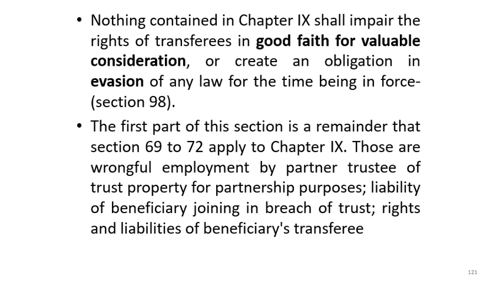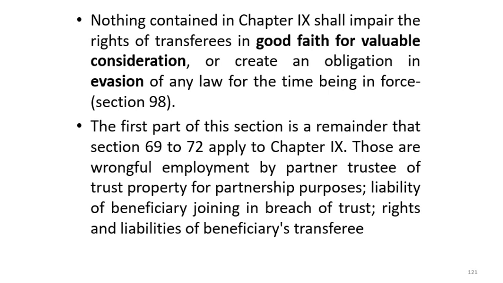Now we say in 83, A transfers the property to B. In 84 we have seen A paid the consideration but not for the benefit of B. The conveyance made in B's name, those things we have seen. Whatever it is, if it is done in good faith for valuable consideration, then the rights of the transferee should prevail. Creation of obligation in evasion of any law for the time being in force, we have studied in lawful purpose, so I don't want to waste time on that.